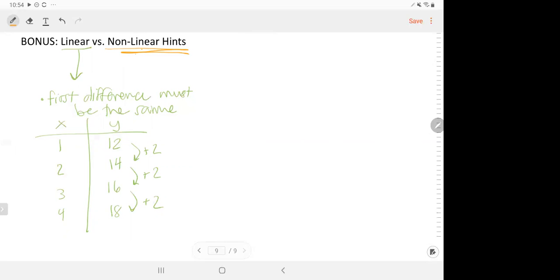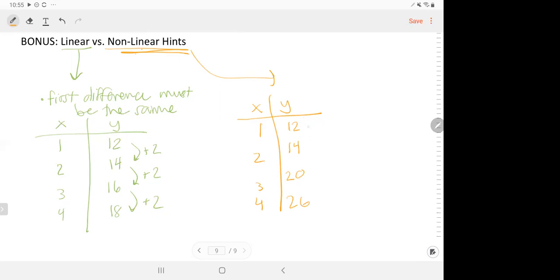But in high school, you will learn something that's quadratic, and you'll actually take the second difference. So if there was an example where something was nonlinear and specifically quadratic, I could have 1, 2, 3, 4, and instead I would have 12, then 14, and then 20, and then 26.